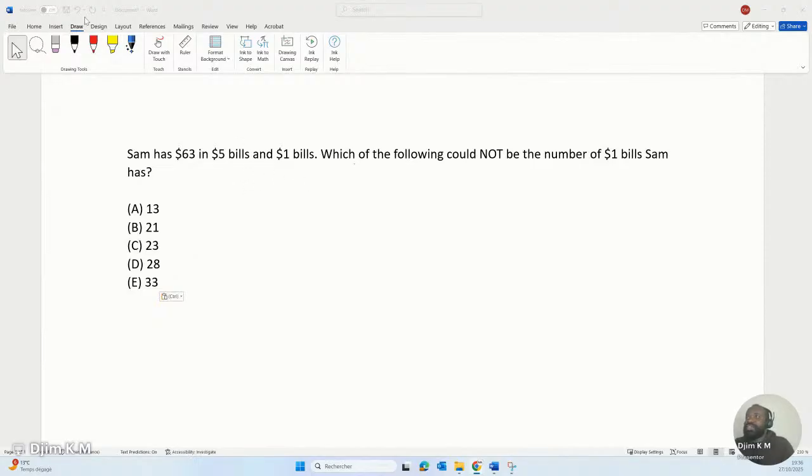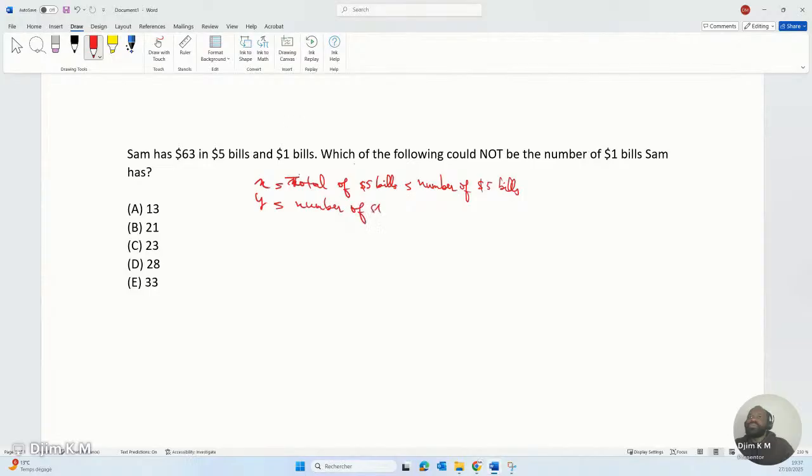So if we say x is equal to the number of $5 bills, and y is equal to the number of $1 bills, that means that we have 5x plus 1y is equal to 63.